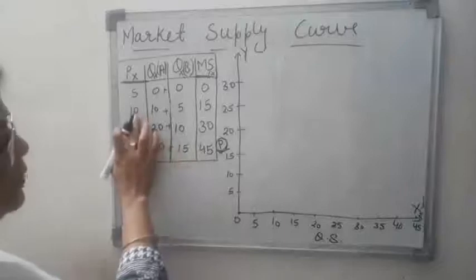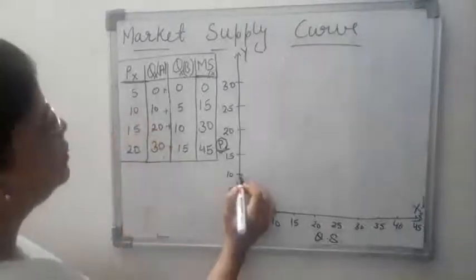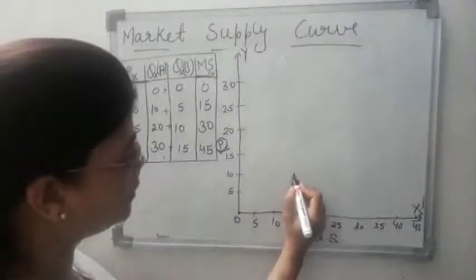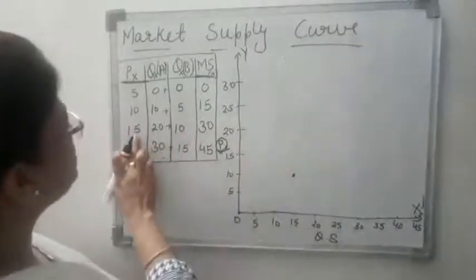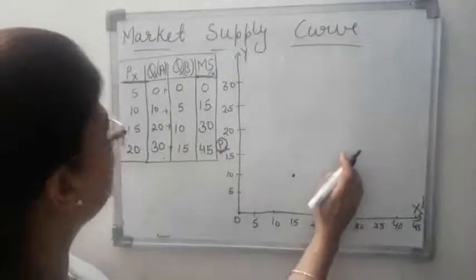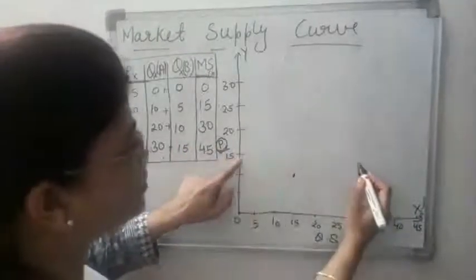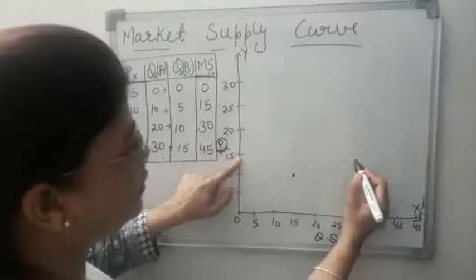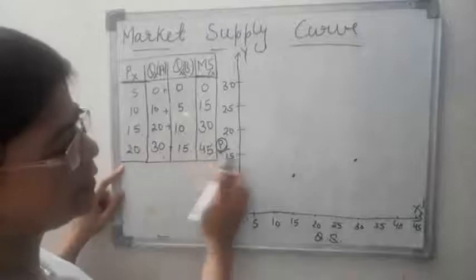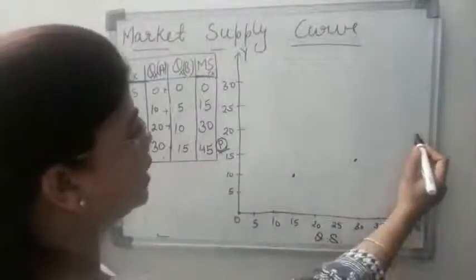When price increases to 10, then market supply become 15 here. When price become 15, market supply become 30. So somewhere here. And when price is 20, market supply is 45.